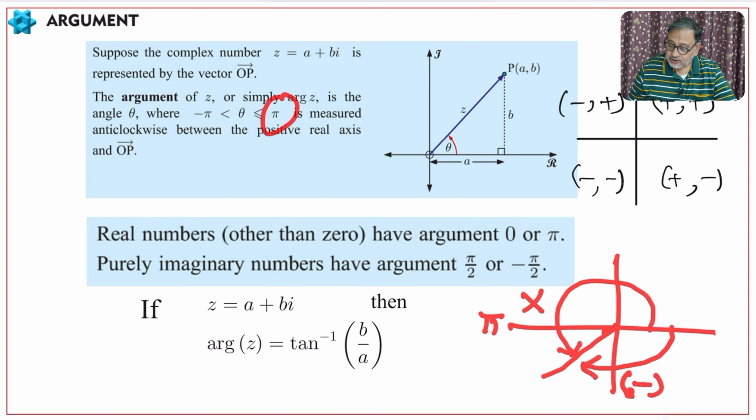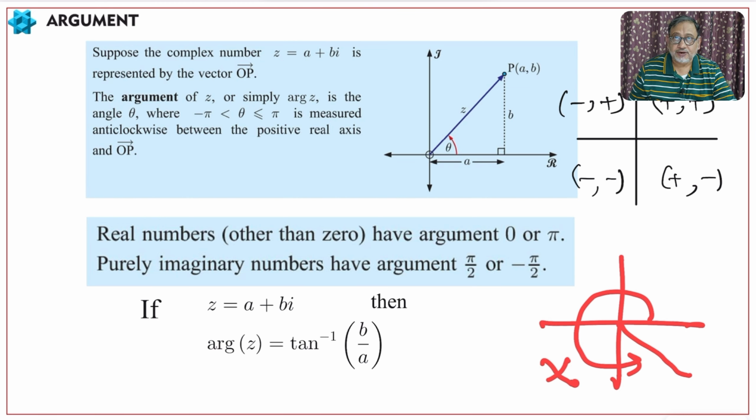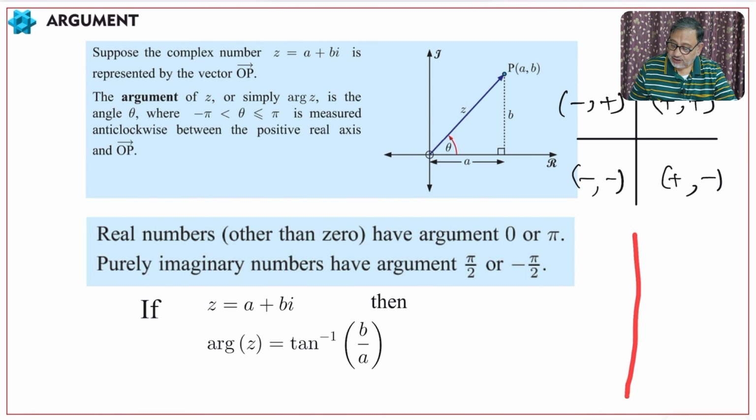Similarly, if you are here in the fourth quadrant, and you come like this, that is a wrong way to measure the argument of a complex number. You have to come in the negative, clockwise direction, and it will be a negative angle, right? Similarly, if your complex number is here, you cannot calculate like this.